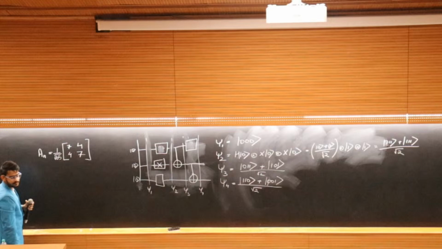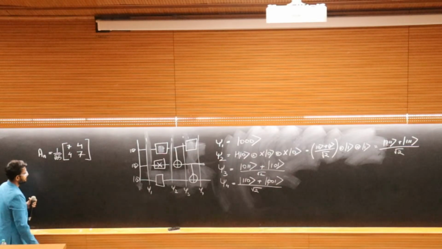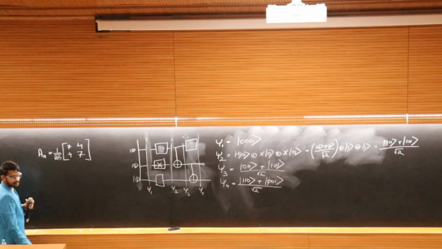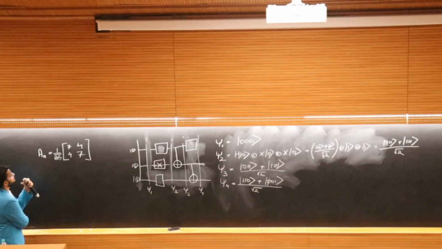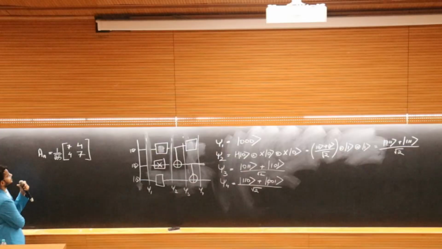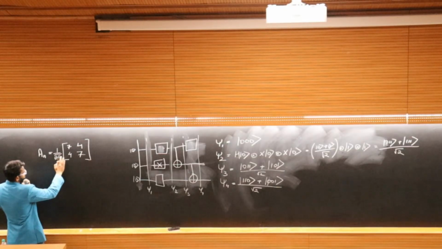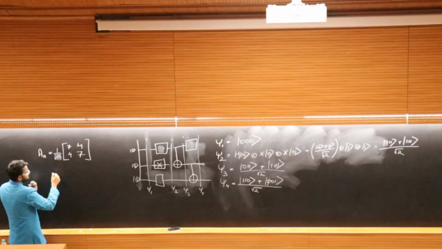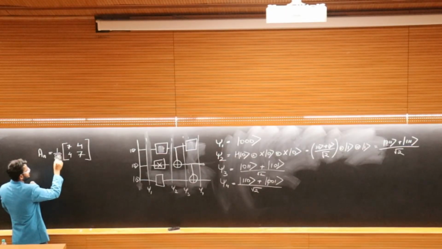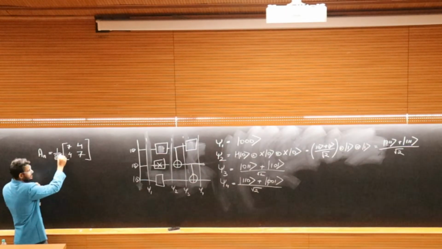Right? Or should it be 49 minus 16? 33. Not this, because the determinant of this should be greater than 7. Okay, let's take whatever you said, 33.